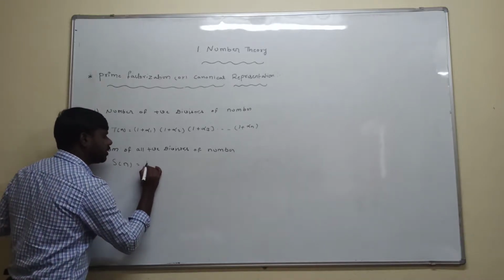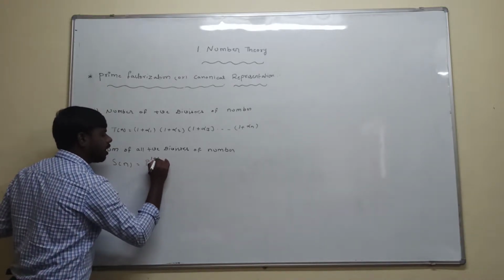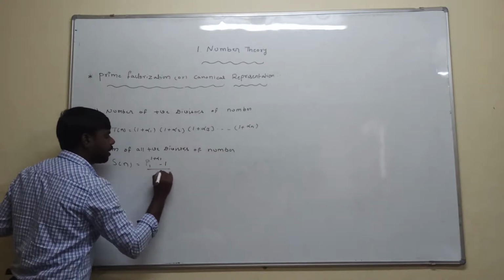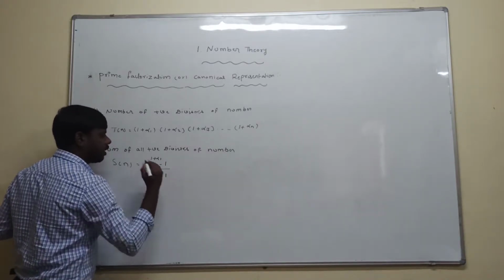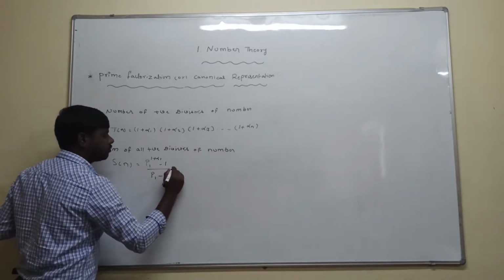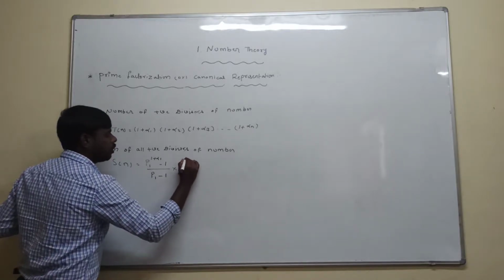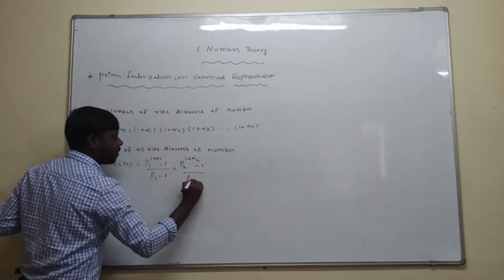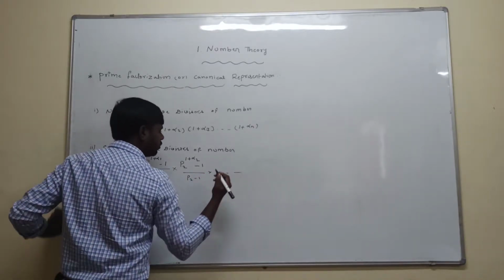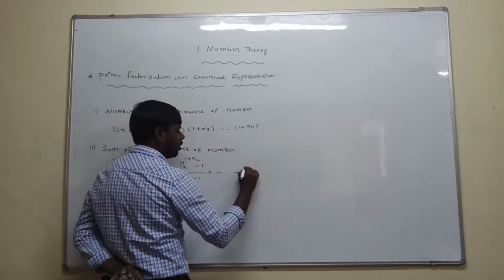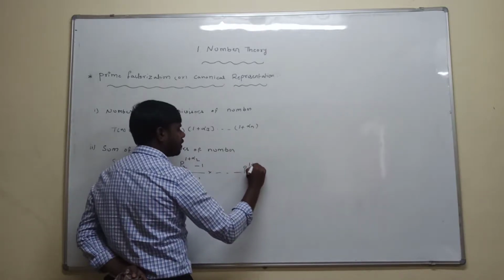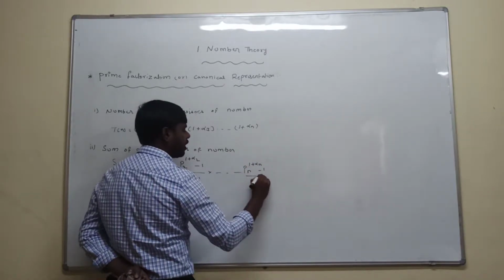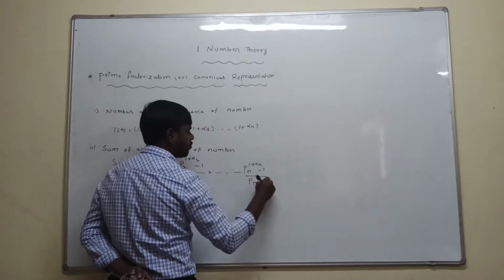That formula is P1 power (1 plus alpha 1) minus 1, divided by P1 minus 1, into P2 power (1 plus alpha 2) minus 1, divided by P2 minus 1, and so on, up to Pn power (1 plus alpha n) minus 1, divided by Pn minus 1.